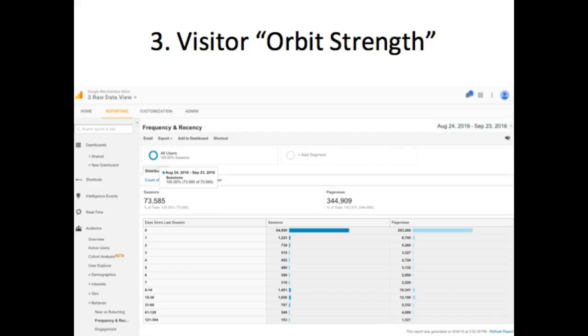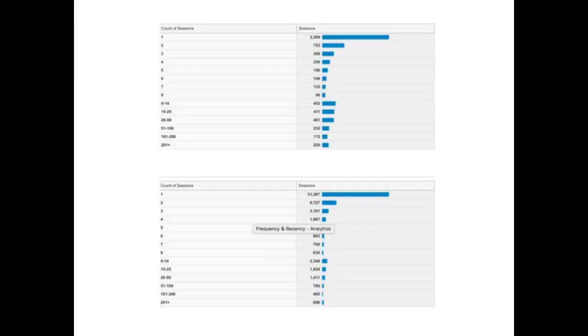How often are they coming back to visit? If your number is exceptionally high down here, right, so they're visiting once a year, once every couple of years, you want to have some conversations with your folks about their website design and keeping their content fresh, especially if you are heavily loaded at the top here.